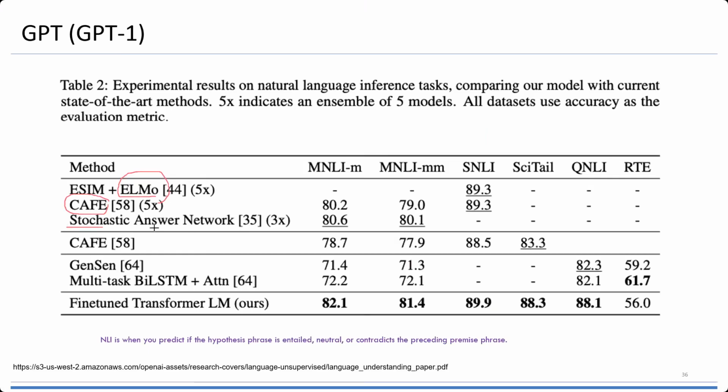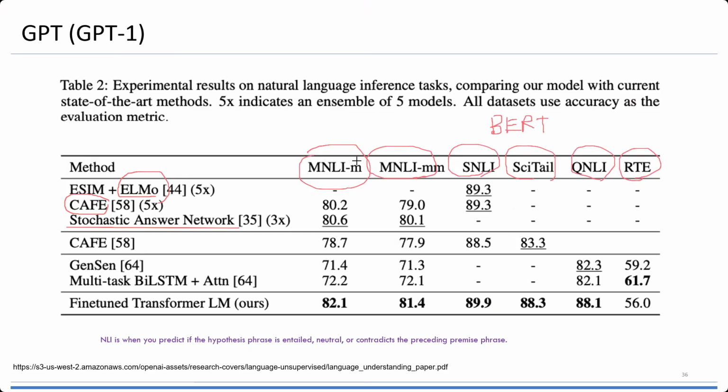There are also Caffe and the stochastic answer network, which are another kind of statistical method. They tried to apply these to some tasks. We already discussed these tasks when we learned about BERT.